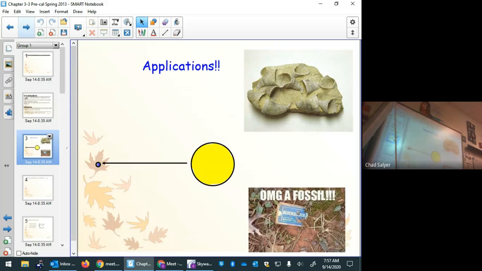So some applications. When we discover a fossil as a scientific community, sometimes they'll find interesting fossils and they have to date them. They date them by the process of radiometric chemistry. Radioactive isotopes decay to their stable form. Carbon-14 is an example. It decays down to carbon-12.